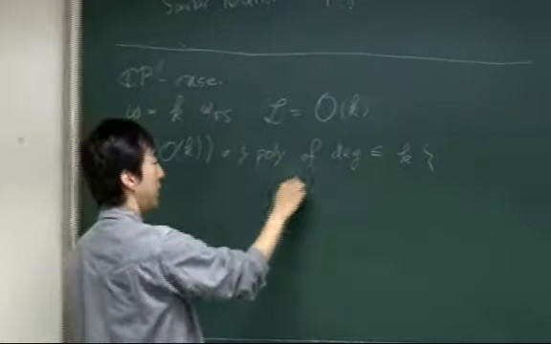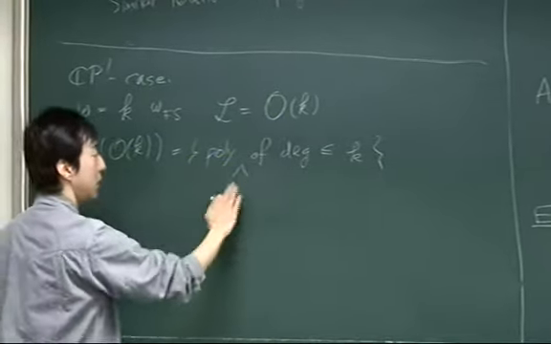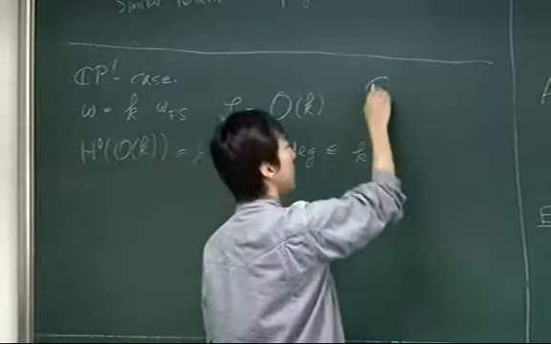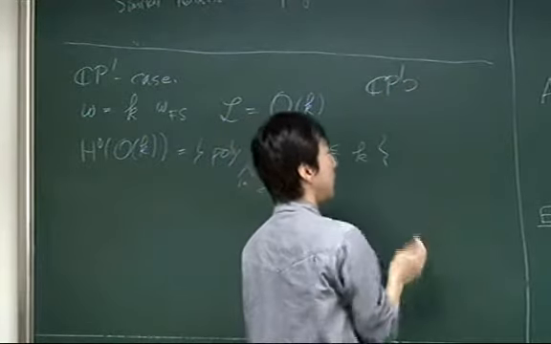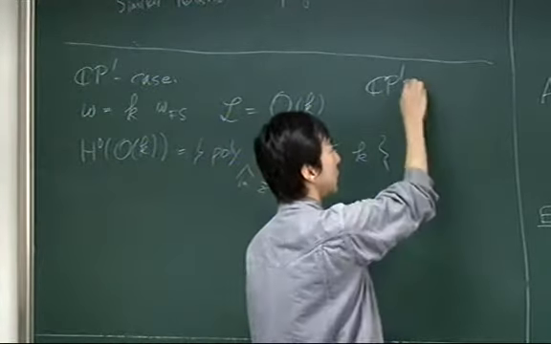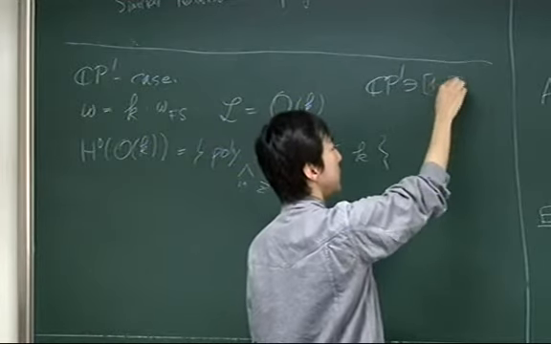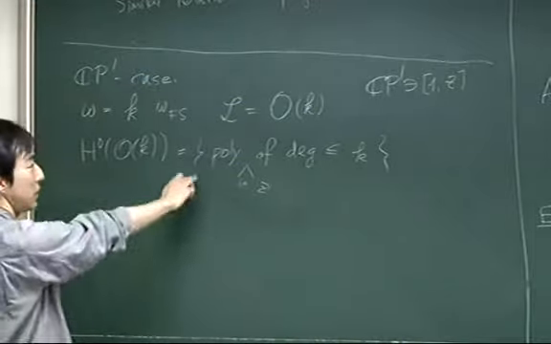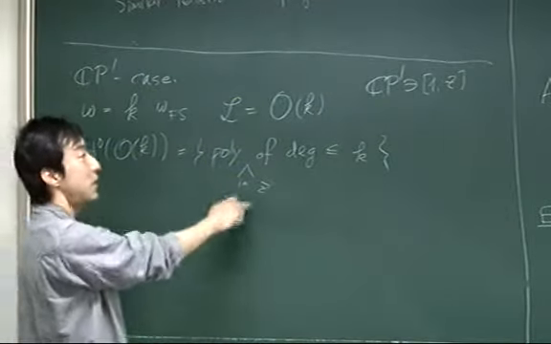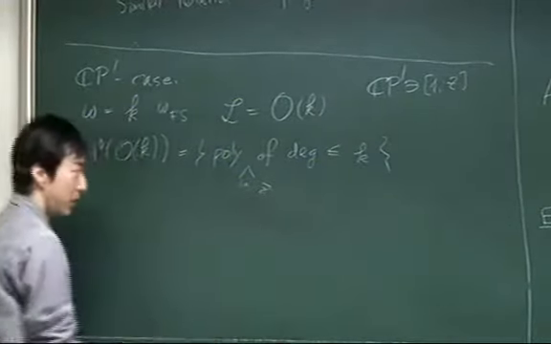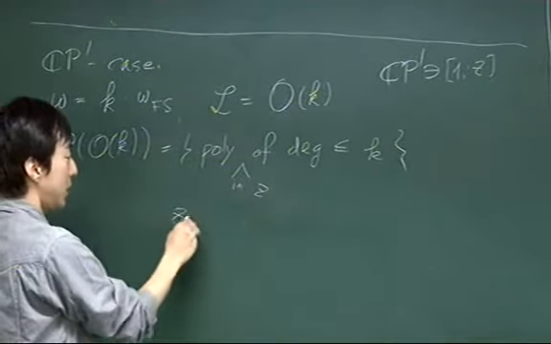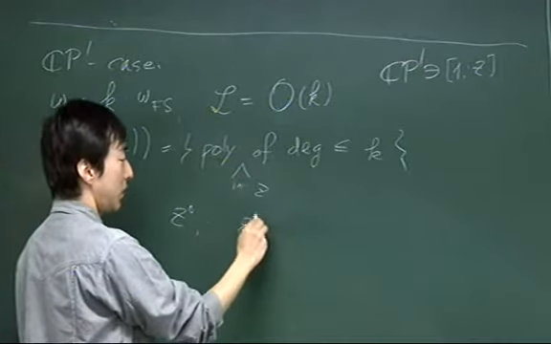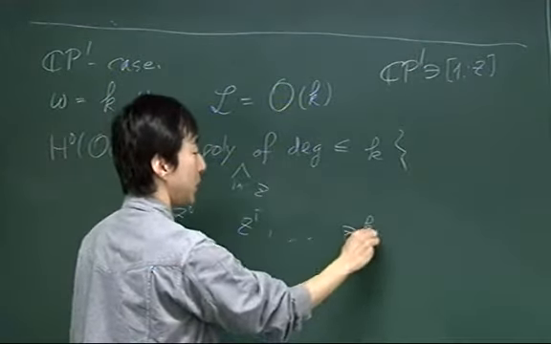So a polynomial in Z. For example, we use such a coordinate on CP1. Then this space is identified with the polynomials in Z of degree less than or equal to k, and it has a basis 1, Z, Z squared, up to Z^k.